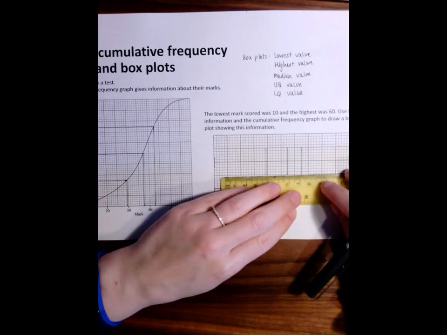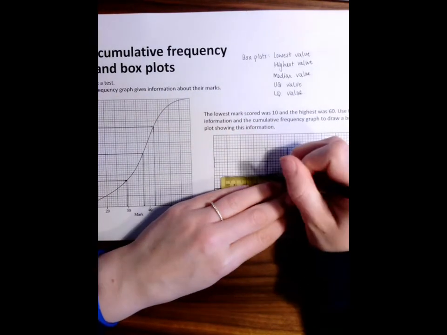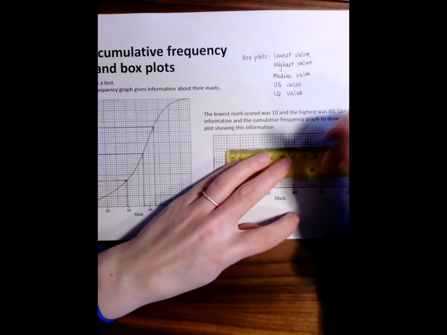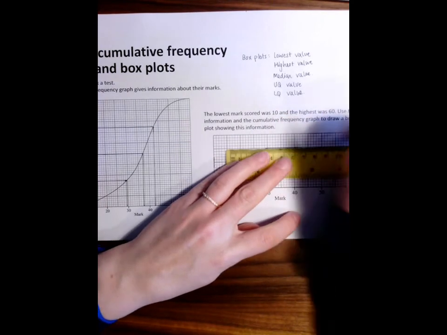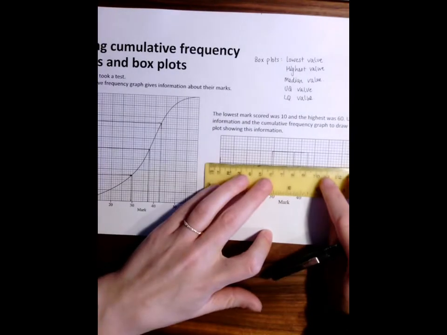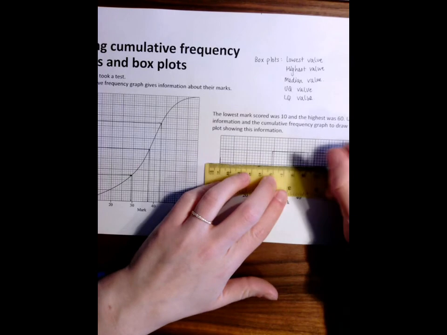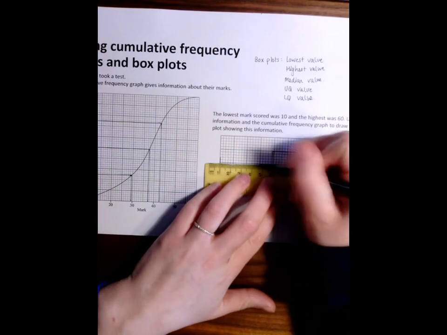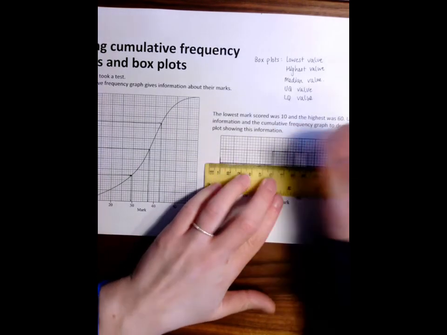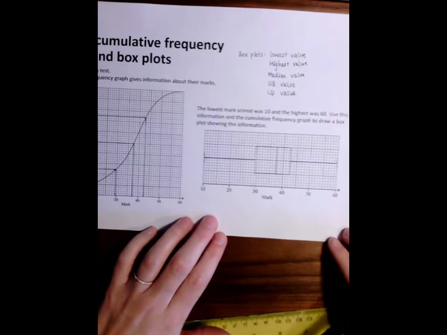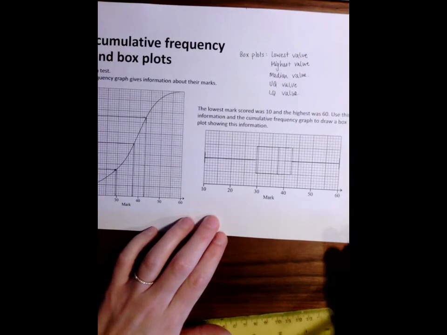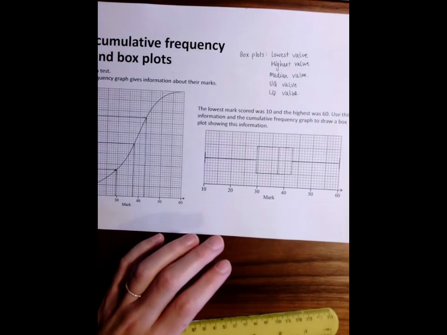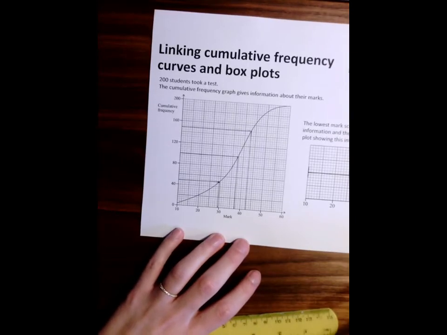And then you just want to join it all up, so you've got your box here, and then join it with the minimum and maximum value as well. Okay, so that's how you can then draw the box plot from your cumulative frequency curve.